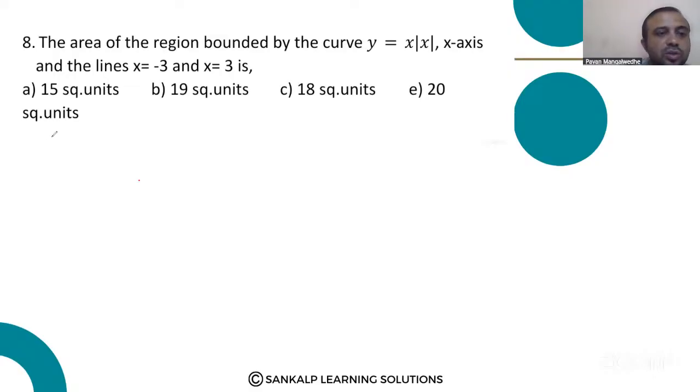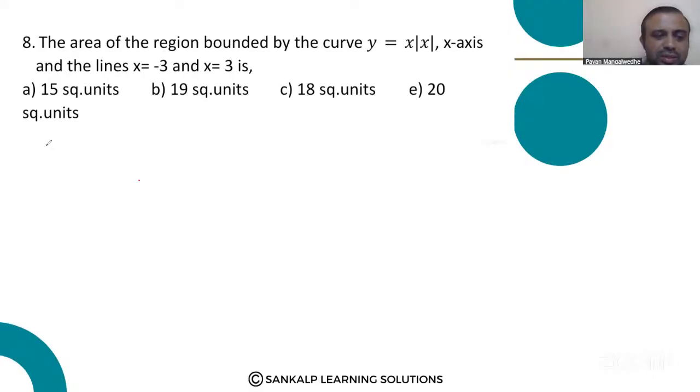Let me start solving this. It is clearly given that for x greater than or equal to 0, mod x equals x. So y equals x into x, that is nothing but x square, which gives a parabola opening in the upward direction.